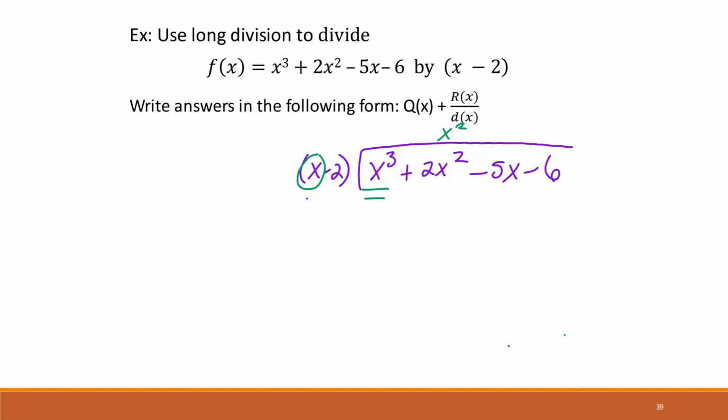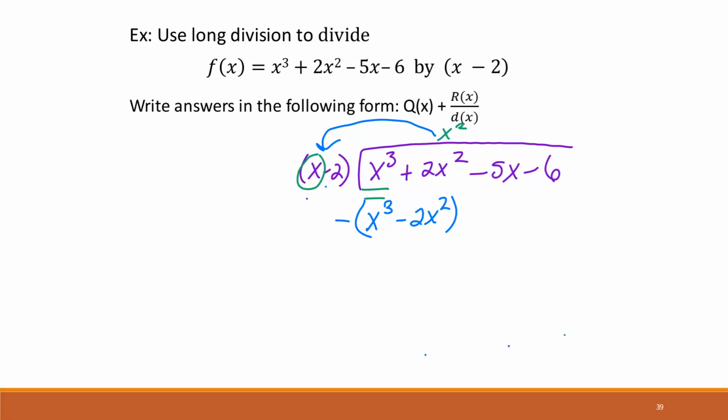So then we multiply just like we would multiply in regular division. I'm going to multiply this x squared times this whole divisor here. So x squared times x gives me x cubed, and x squared times negative 2 gives me negative 2x squared. We have to remember that we're using subtraction when we are doing this.